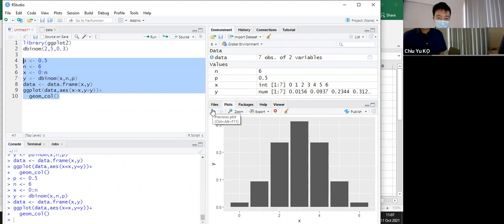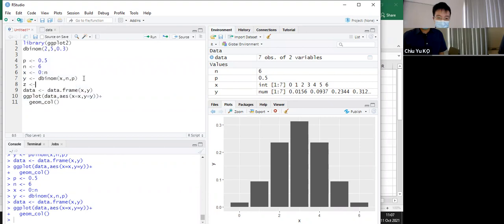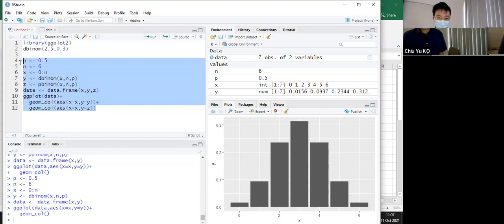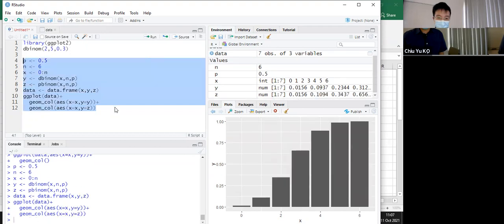And some of you may ask, can you plot the F and the P on the same graph? The answer is yes. How do you do it? You can have Z, which is equal to the P, and you want X, Y, Z here. What you're going to do is you have one column here, and you get another column, Y equal to Z. Maybe I'll use line because that would be a better choice.